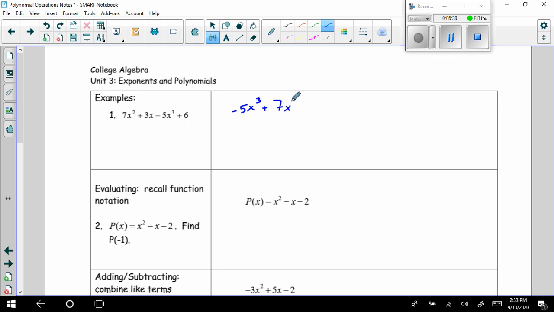So we have negative 5x cubed plus 7x squared plus 3x plus 6. And so the degree of your polynomial is this highest exponent here. And your lead coefficient of this polynomial is this front number here. And it's just the number, it's not the x.